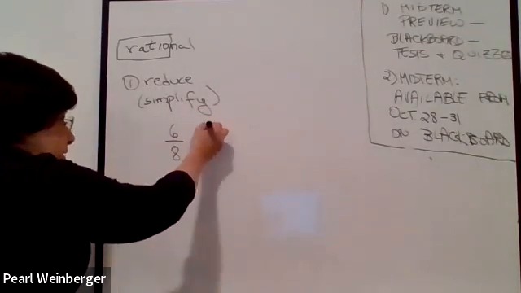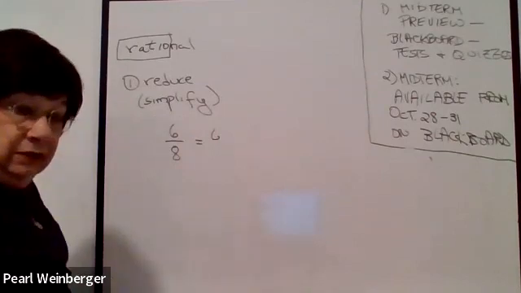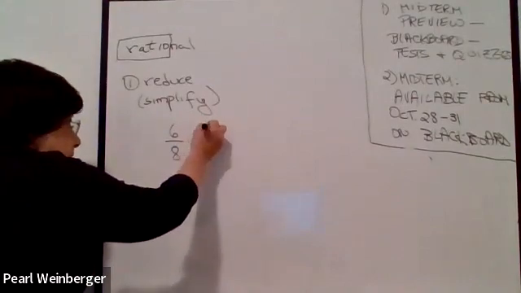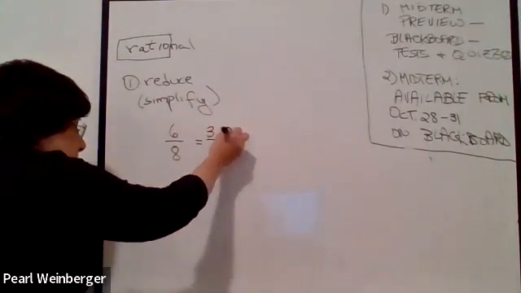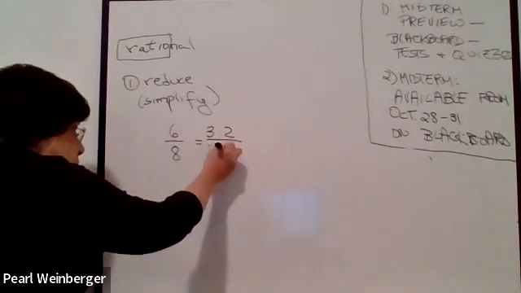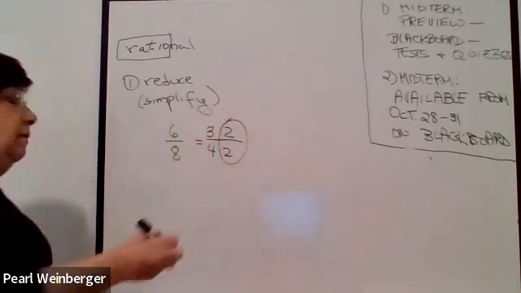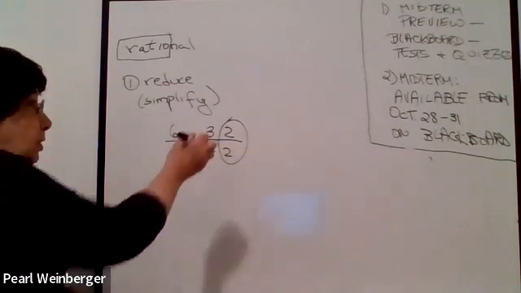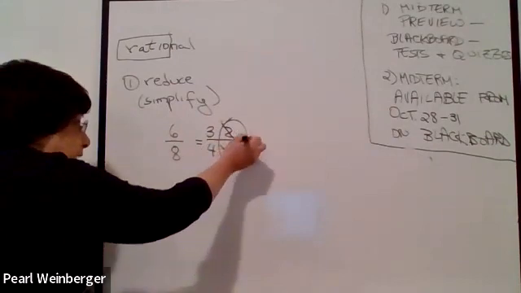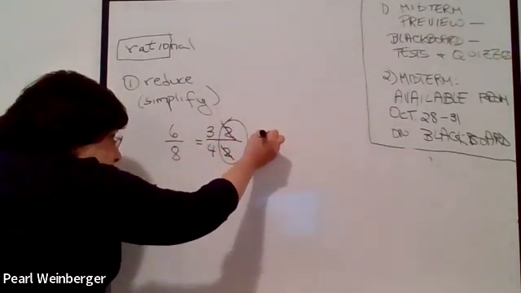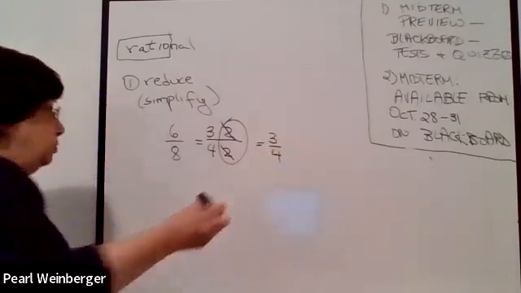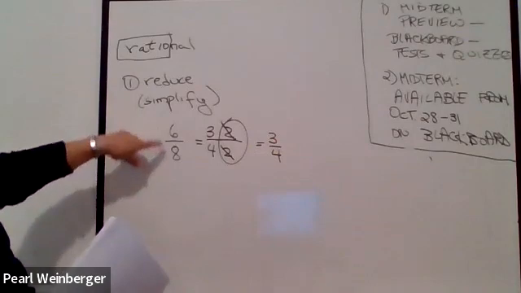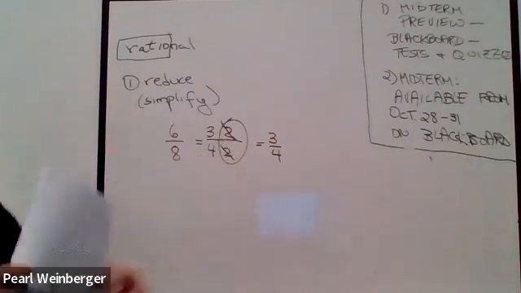You really could have written the 6 as 3 times 2, and the 8 as 4 times 2, and you'd see there's a common factor of 2 in both the numerator and the denominator. So you can cancel out that common factor, and your fraction reduces to 3/4. I'm sure you remember doing this. You probably just did it by saying, oh, I can divide the top and the bottom by 2, and that'll give me 3/4.